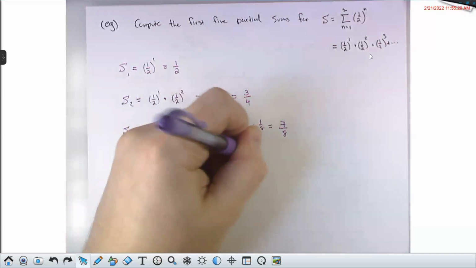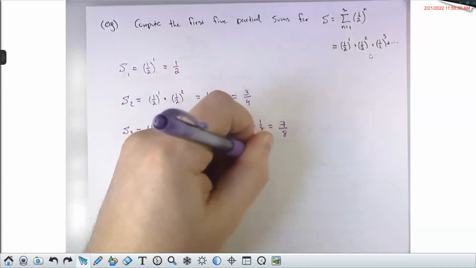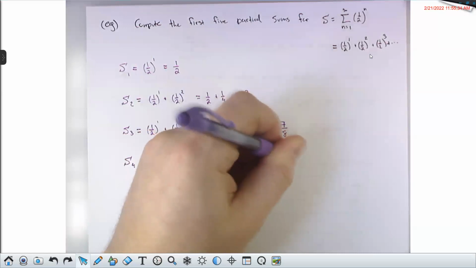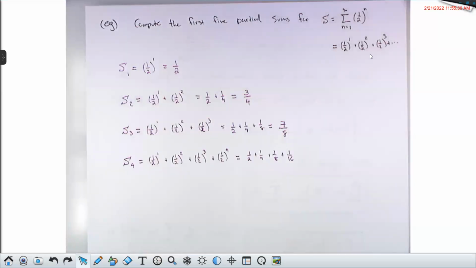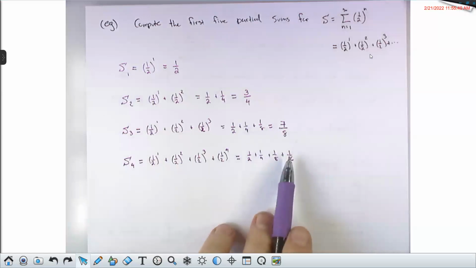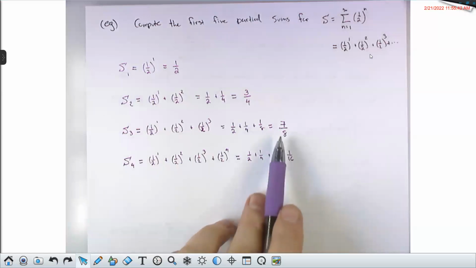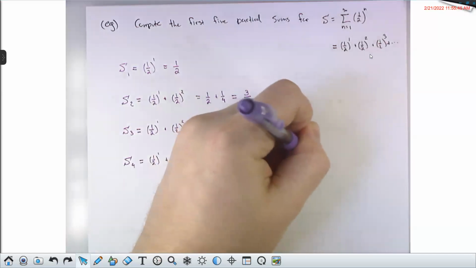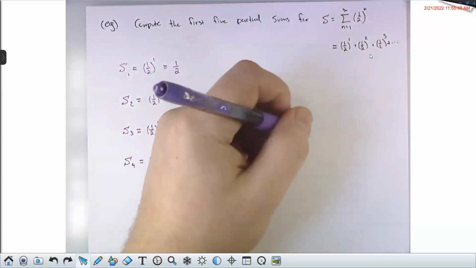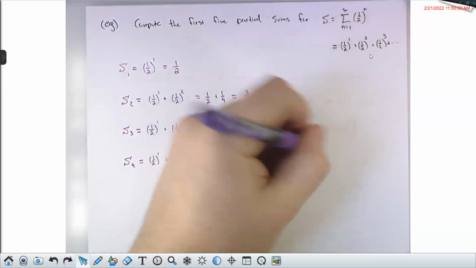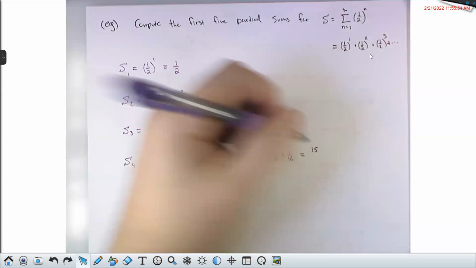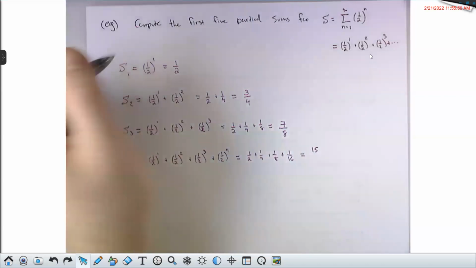This is 1/2 plus 1/4 plus 1/8 plus 1/16. And I know that 1/2 plus 1/4 plus 1/8 is 7/8. This is 7/8 plus 1/16, which is 14/16 plus 1/16 is 15/16. Is that right? Yeah.